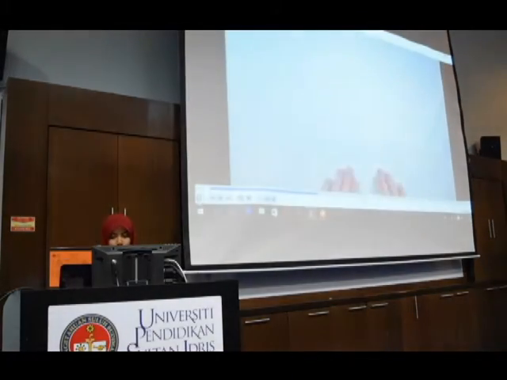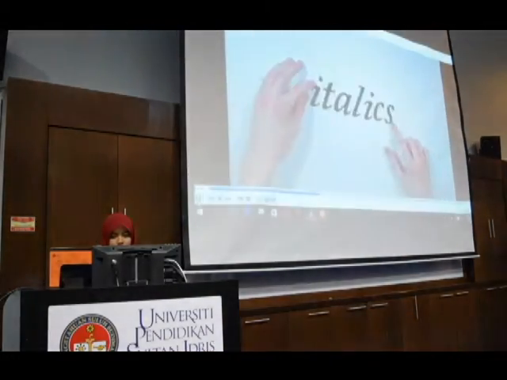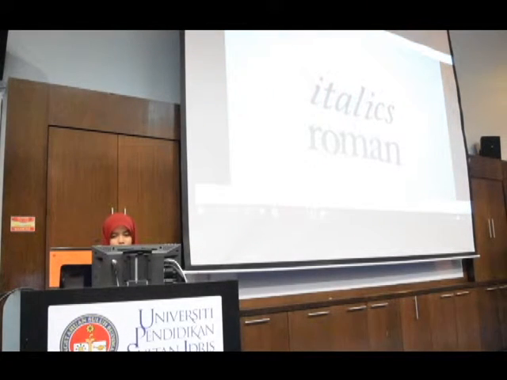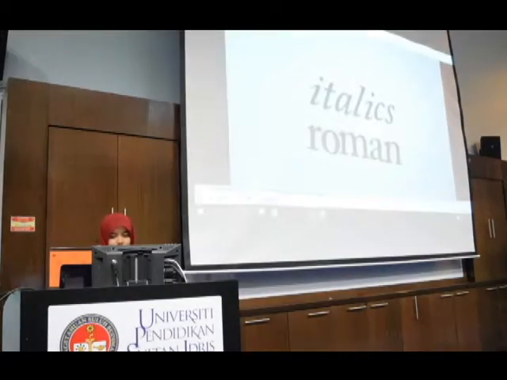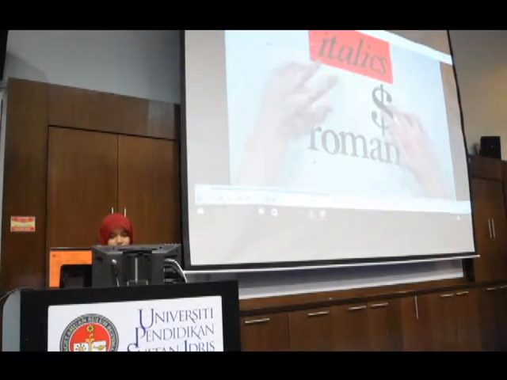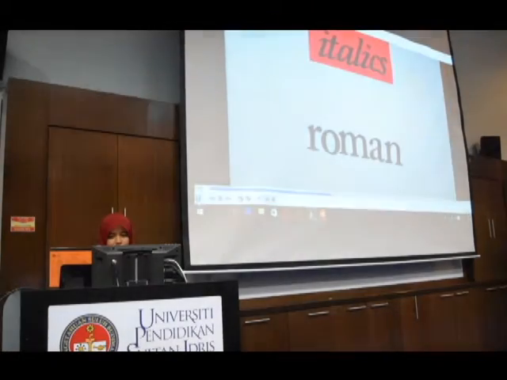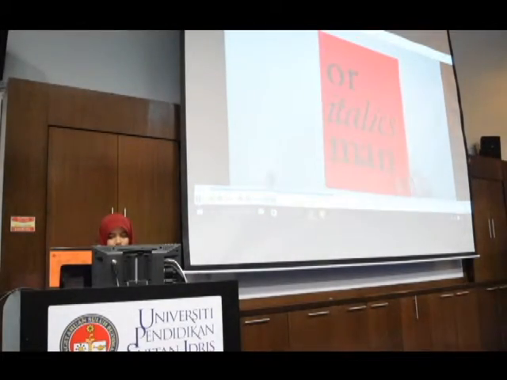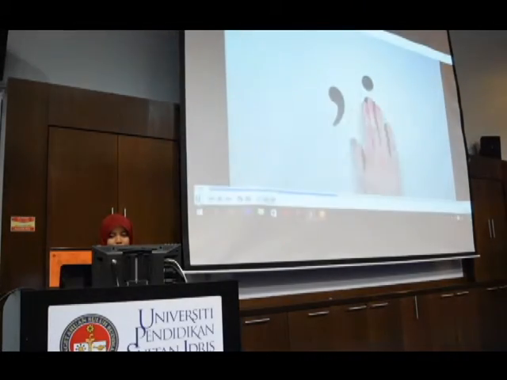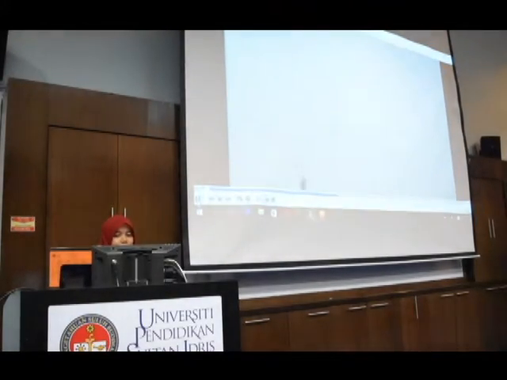The next major innovation in typography after Roman letters was italics, which are slanted and stylized versions of Roman type. They were created in the late 15th century by Aldus Manutius from Italy as a way of fitting more letters onto the page. All this minutiae also created the modern comma and semicolon, but that's another story.